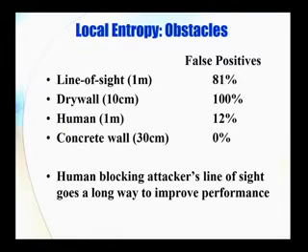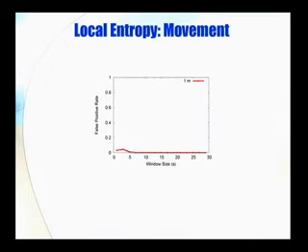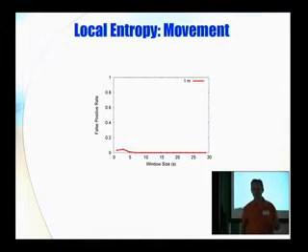All right. Another even simpler approach to create local entropy is this: if the devices that are trying to pair, or something in their close environment, were to move, that will affect the radio environment.